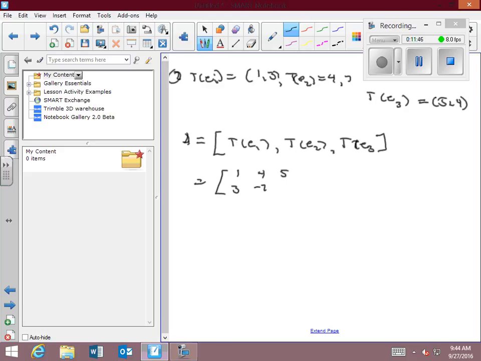Is that minus 5? So that's your A matrix for the transformation from R3 to R4.